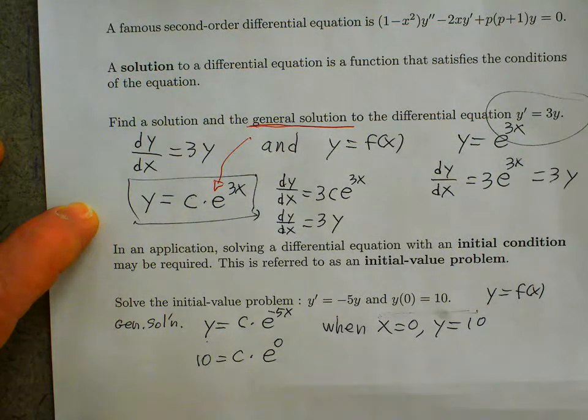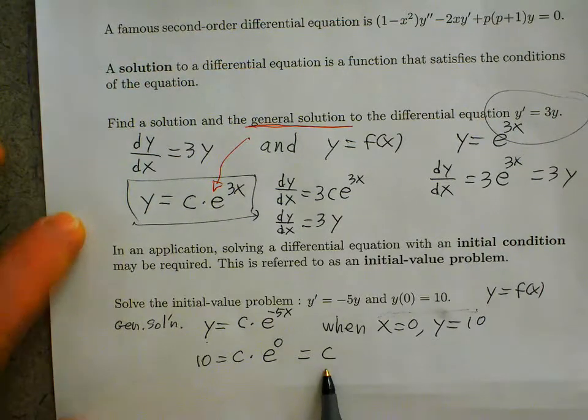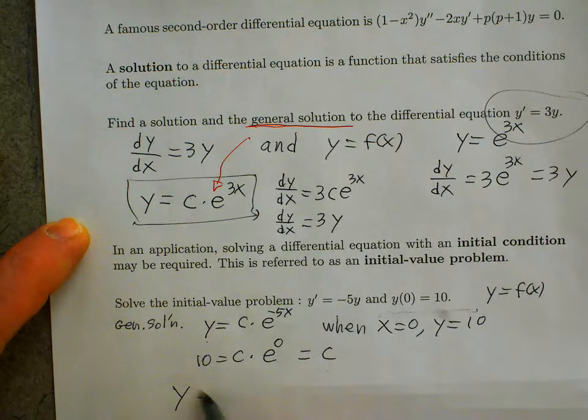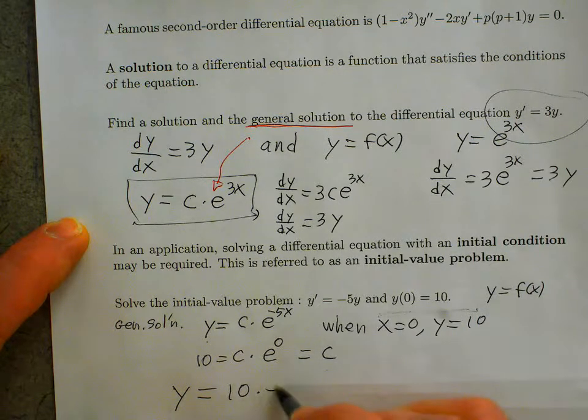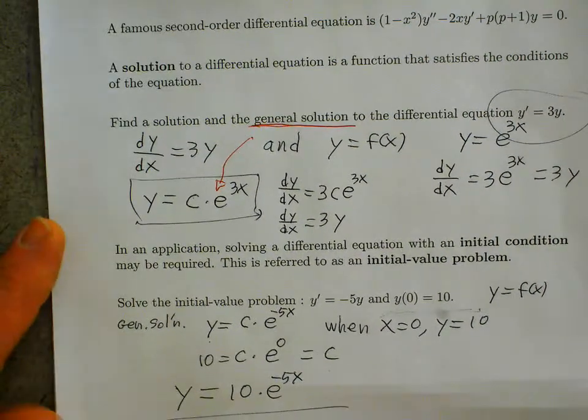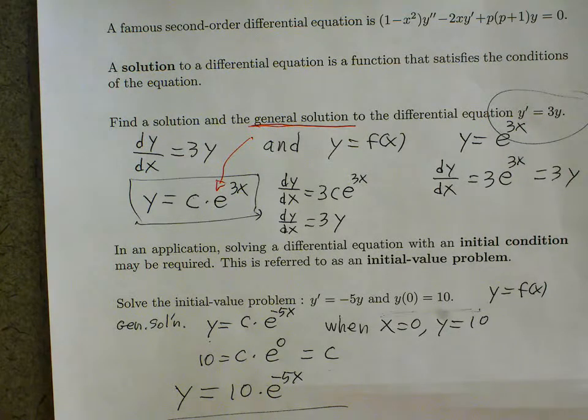But e to the 0 is 1, and so the value of c is just 10. So the solution to the initial value problem is y equals 10 times e to the negative 5x. It's pretty straightforward, this part of the differential equations.